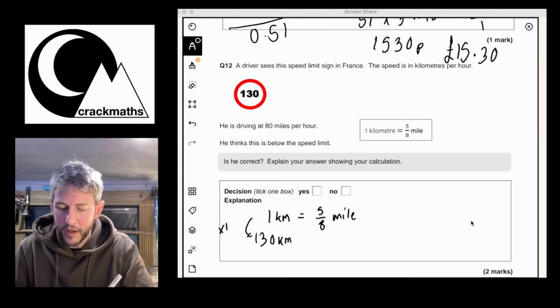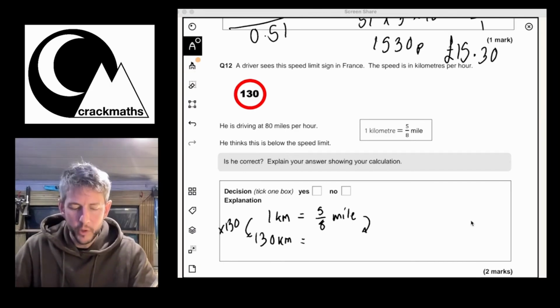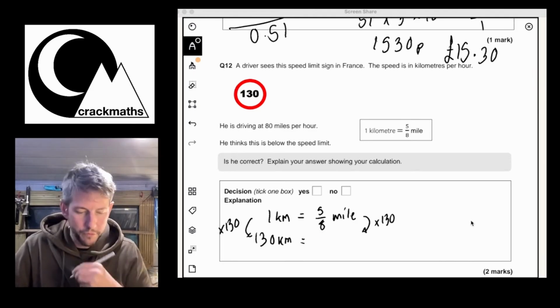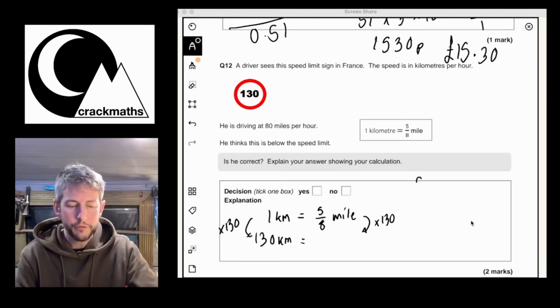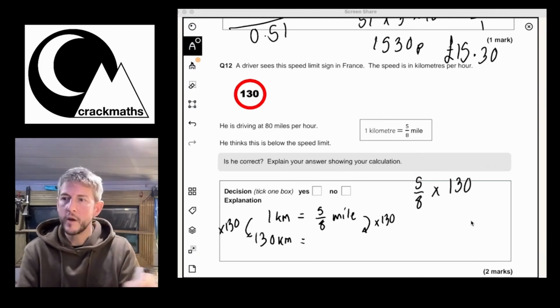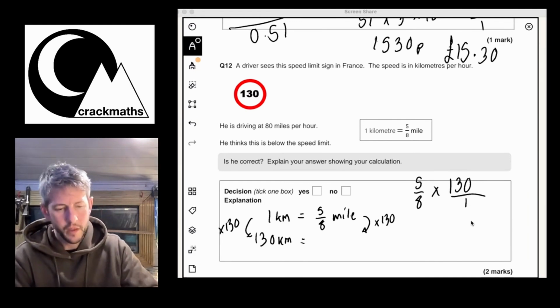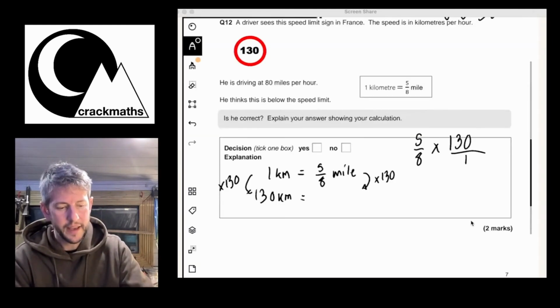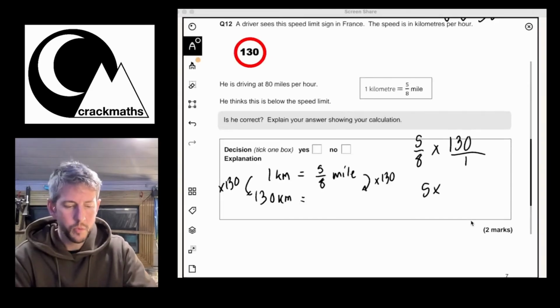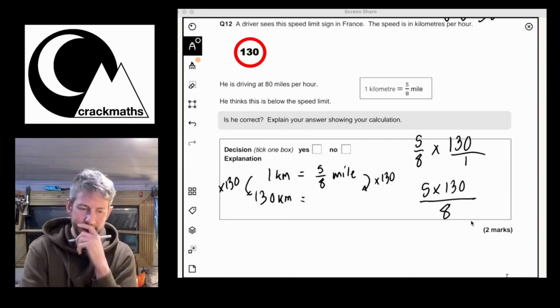So we're timesing this by 130. So I've got to times my 5/8 of a mile by 130. So essentially I want 5/8 multiplied by 130. Okay, so this is like multiplying by 130 over 1. So what we're getting here is 5 times 130 all over 8.